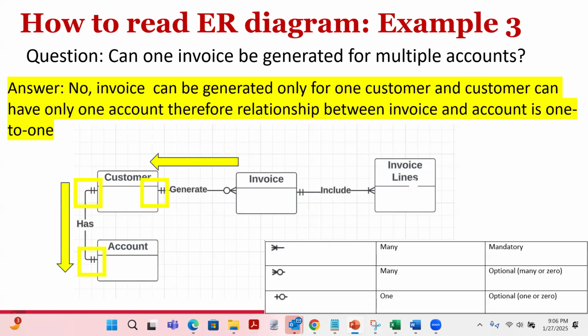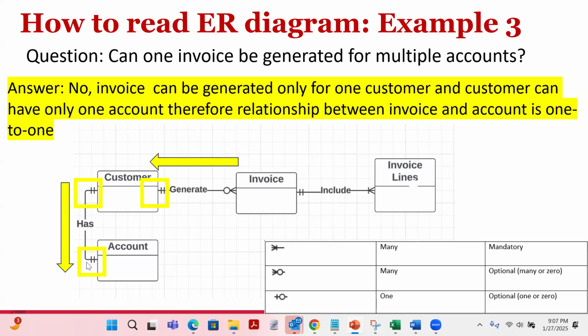First, we read it from invoice to customer. So invoice can belong to only one customer. So it's one customer per invoice. And next, we are reading the relationship from customer to the account. And it's also one account per customer, right?